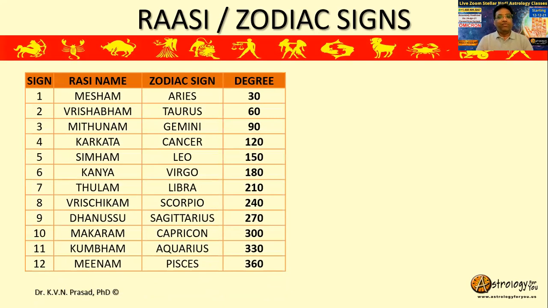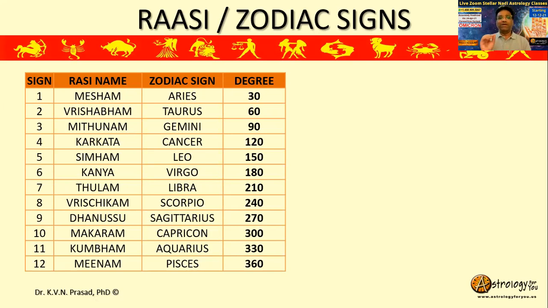So basically, the 12 rashis. I've given the Rasi name in Telugu, Tamil, or Sanskrit, and then the English equivalent. So Mesham, Aries, to Meenam, Pisces. The universe is 360 degrees, and 360 degrees is divided by 30 degrees for 12 signs.